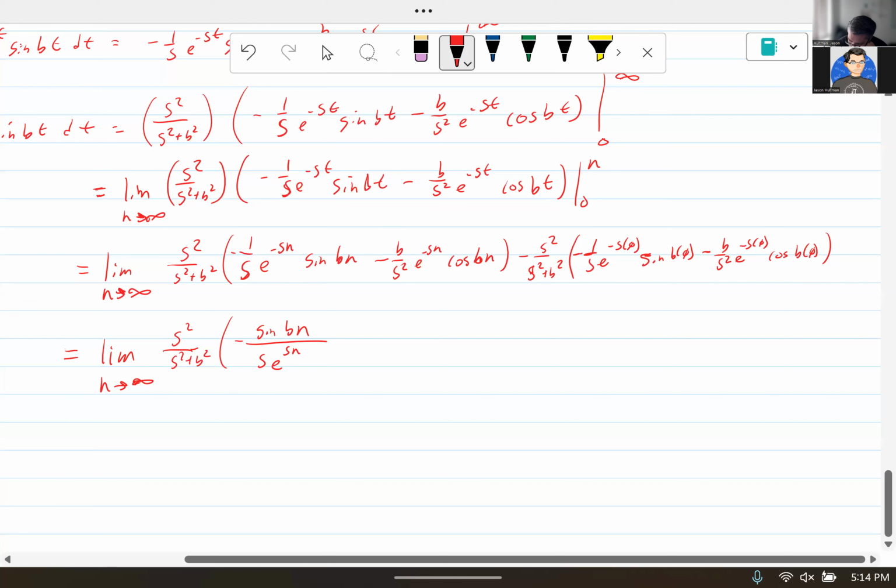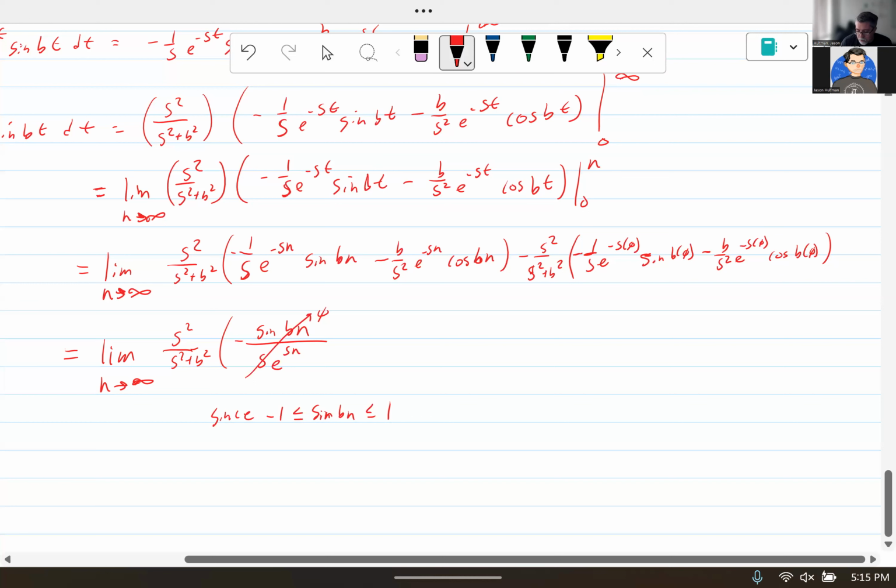I'm not going to do it here, but we can prove from the squeeze theorem that this thing is going to go to 0, because the sine is bounded between 1 and negative 1, since negative 1 is less than or equal to sine bn, which is less than or equal to 1.